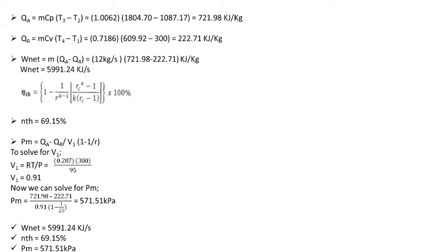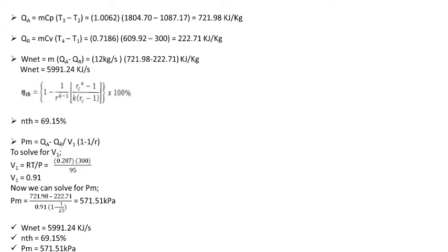QA equals m multiplied by Cp multiplied by (T3 minus T2), and it will become 1.0062 multiplied by (1804.70 minus 1087.17), and we will get the value of 721.98 kilojoule per kilogram, which will be our QA.